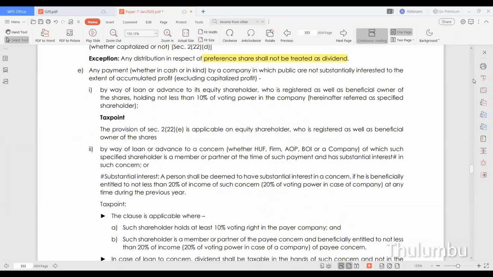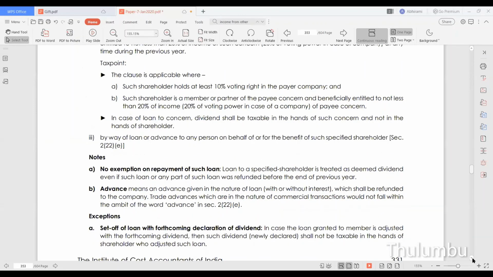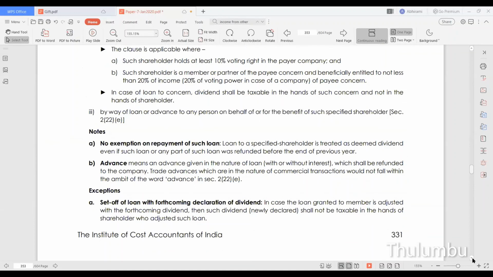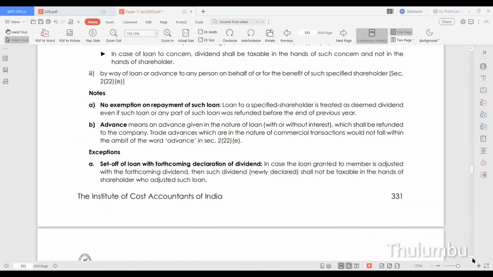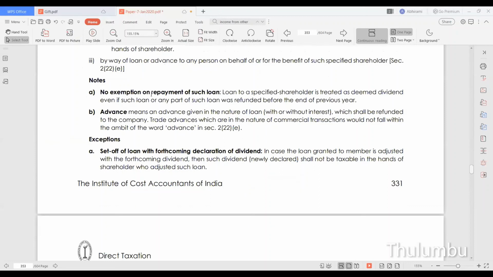So here there is an exceptional case: no exemption on repayment.